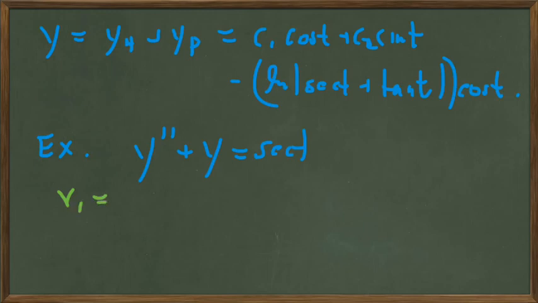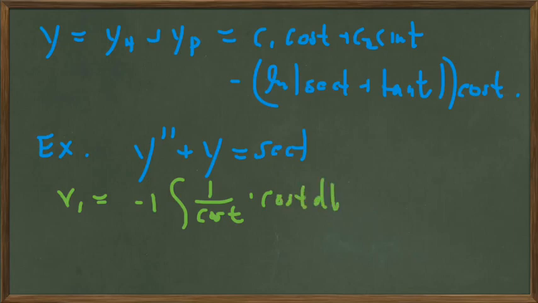The Wronskian is the same, the a is the same, so v1 is minus 1 times the integral of secant, which is 1 over cosine t, and remember that y1 is the same as here, cosine t, so we're just integrating dt, and so v1 is t.